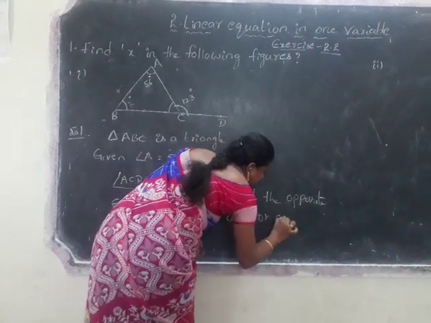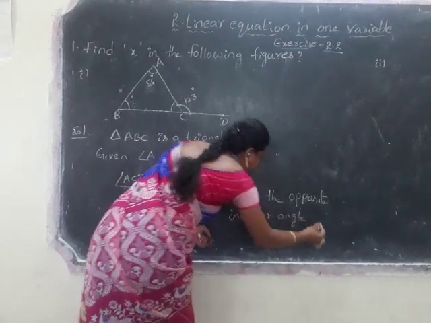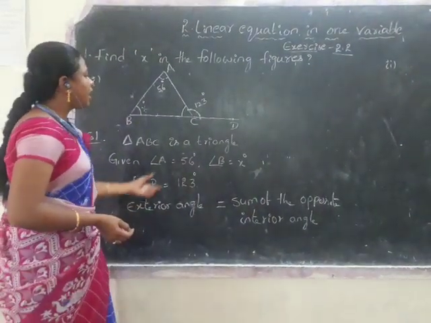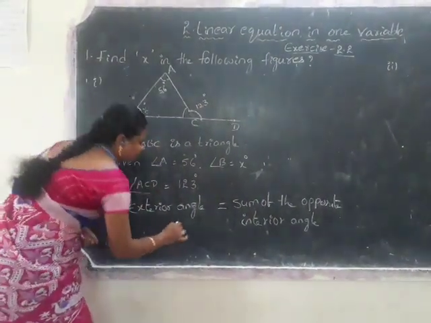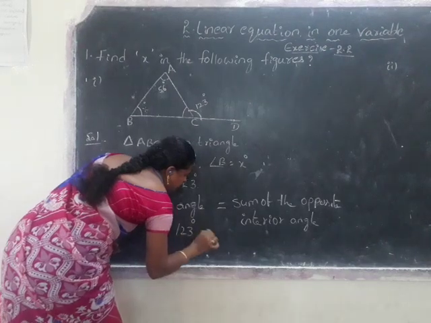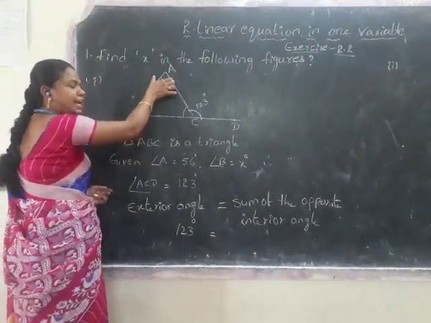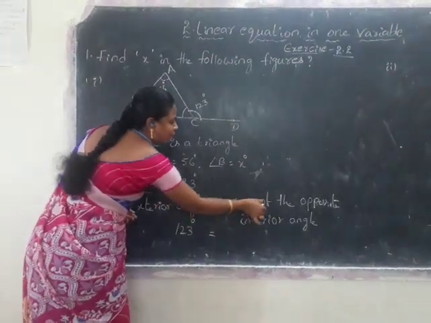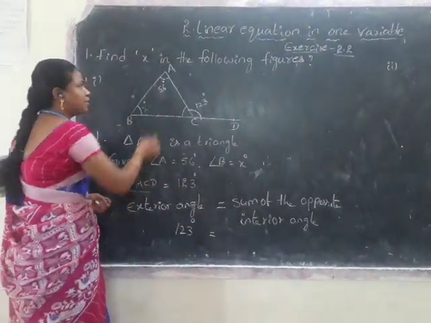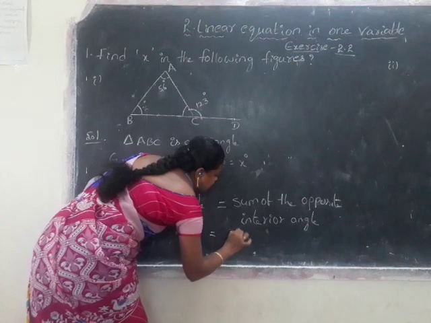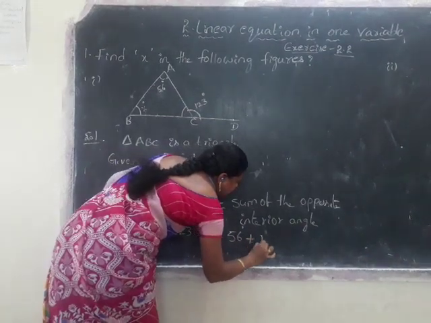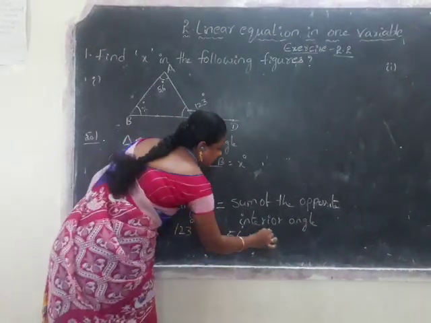Here, children, the exterior angle is 123 degrees. So what are the interior angles? Angle B and angle A. Those are summed. So 56 degrees plus x degrees equals 123.